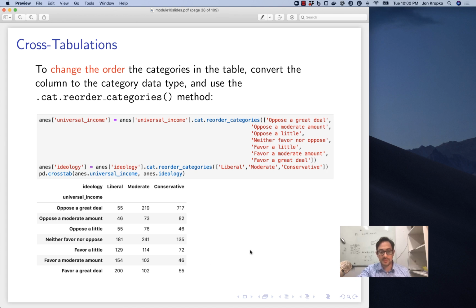And I'd like the columns to be arranged from liberal, moderate, conservative, just like that. In order to do that, I have to set both the universal income and ideology features to be categorical. And then I can use the cat.reorder_categories method to come up with a new ordering for these categories. That ordering is how they appear in the crosstab.